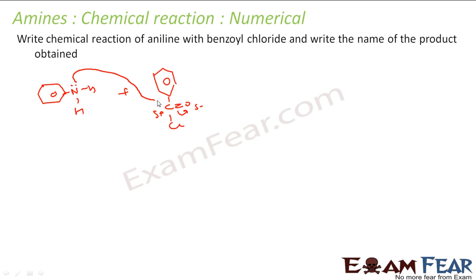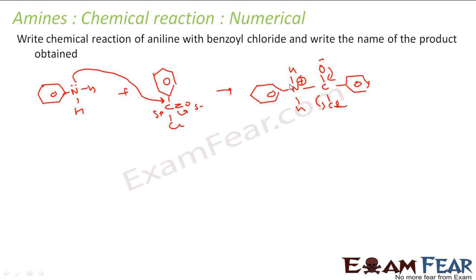The lone pair will attack this carbon. So what you get is something like this, with 2H here. Since nitrogen is giving electrons to this carbon, nitrogen gets a positive charge. Now this will go in this direction, this chlorine will leave.